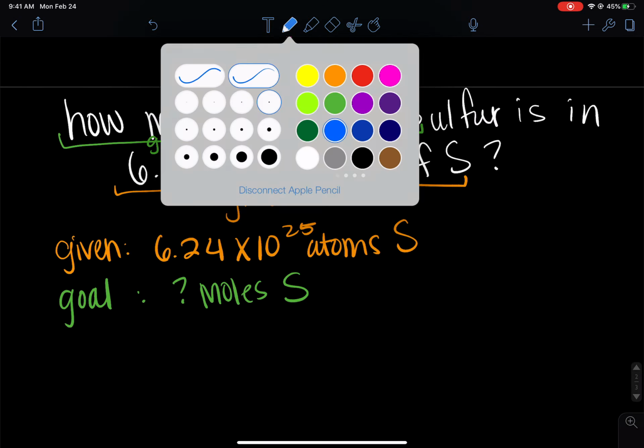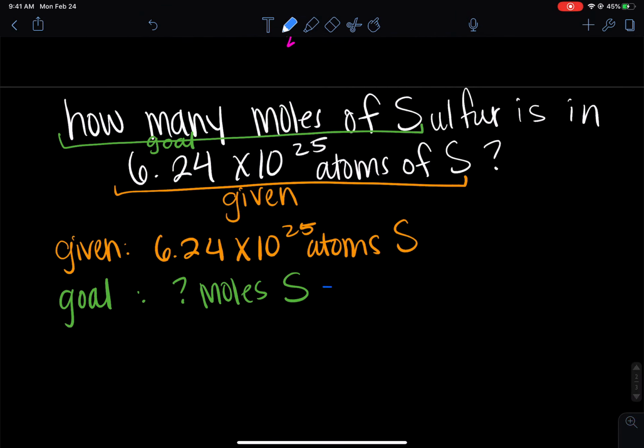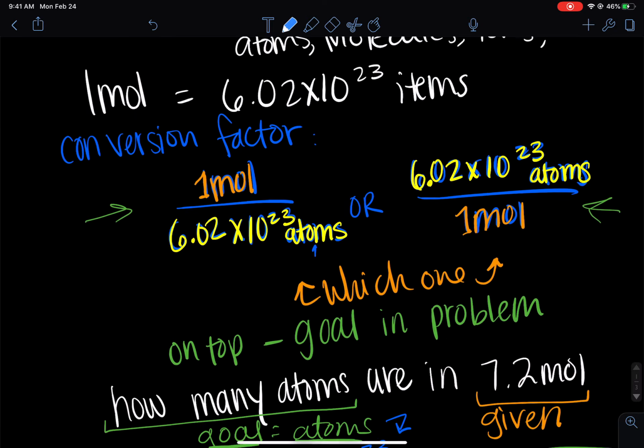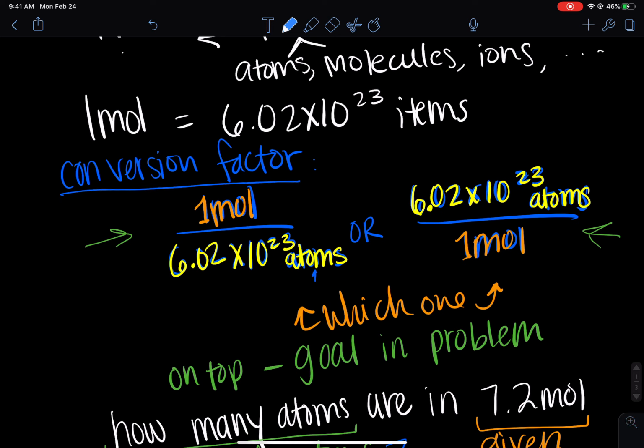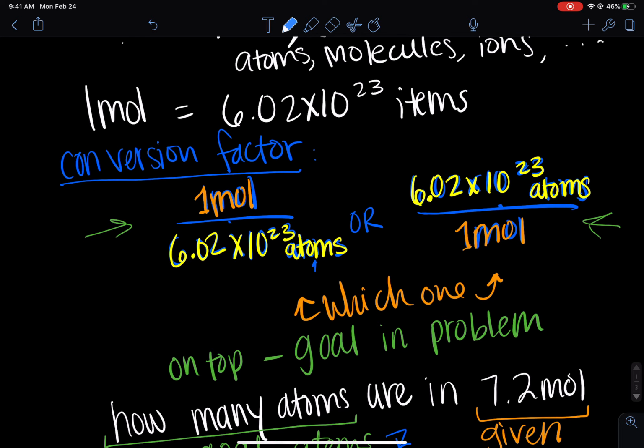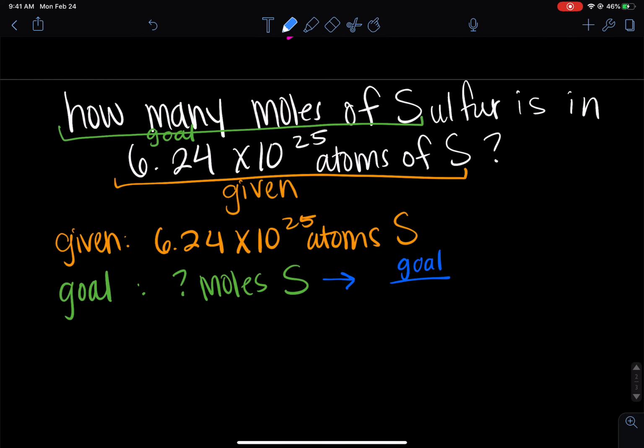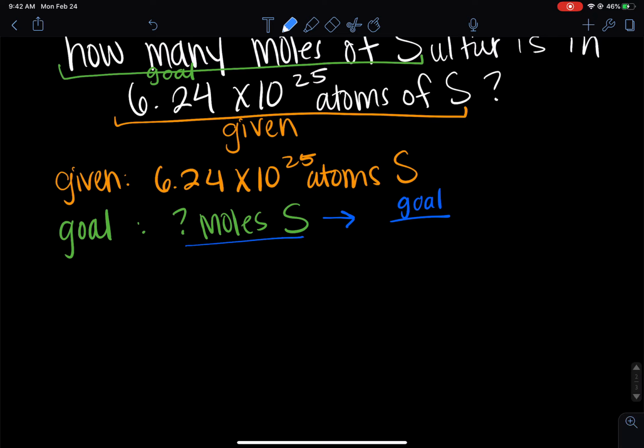Once you know your goal, you can then tell yourself which conversion factor you need to use. Remember, the conversion factor needs to have the goal on top of the division bar. So back up here, these are our two conversion factors. Either we have mole on top or we have atoms on top. So we want to choose the one that has our goal on top, which in this case is mole.